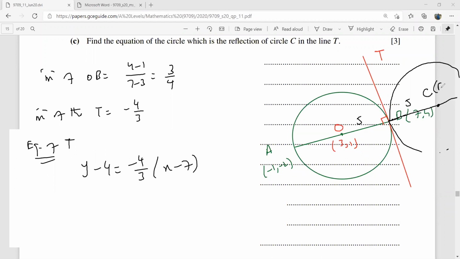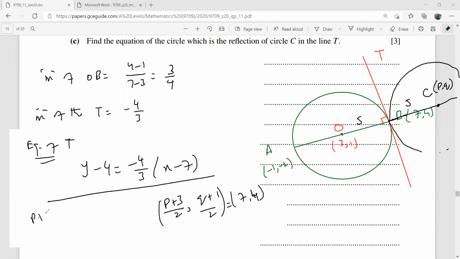Okay? So if I call this point P comma Q, we can say that P plus 3 over 2 comma Q plus 1 over 2 is going to be 7 comma 4. So you can find P and Q. So P plus 3 equal to 14, P is equal to 11. And Q plus 1 equal to 8, and your Q is going to be 7.